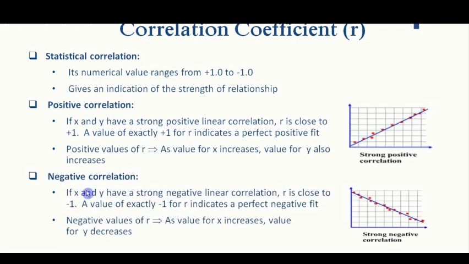Similarly, for a correlation coefficient equal to minus 1, it can be a formula like y equal to minus 3x plus 5. So as x increases, y is going to decrease, and you can have an exact formula. So it is a perfect negative fit, and then you have a perfect negative correlation.